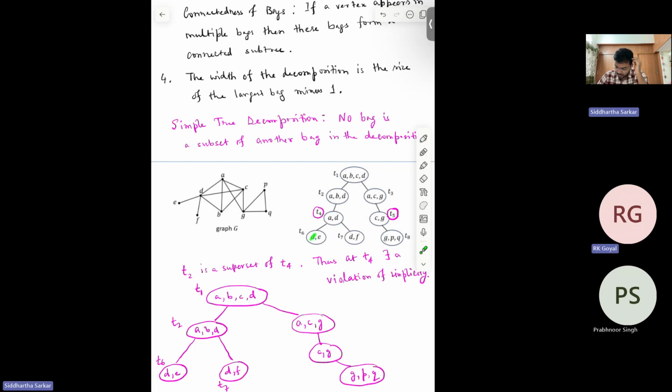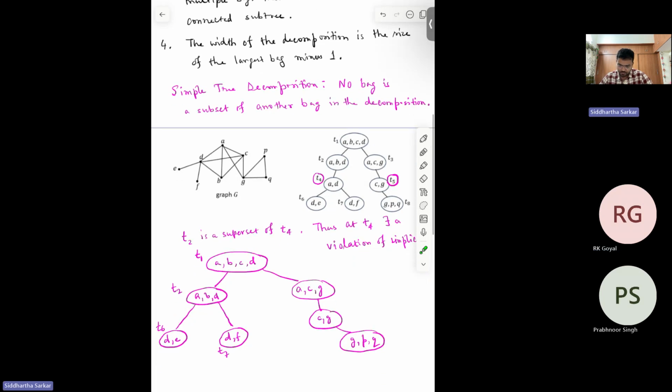For example, if D is here, D is also here, and D is also here, since we deleted this, that means D must have been here also. And because all the bags containing D are now getting connected directly to the larger bag containing D, connectedness cannot get disturbed. Yes. All right, so this is the first step.